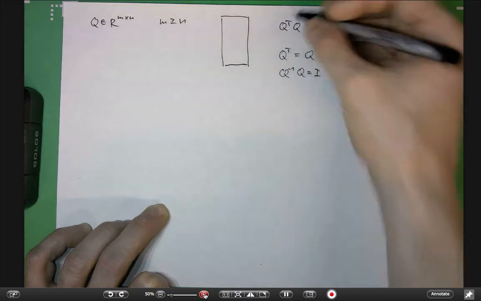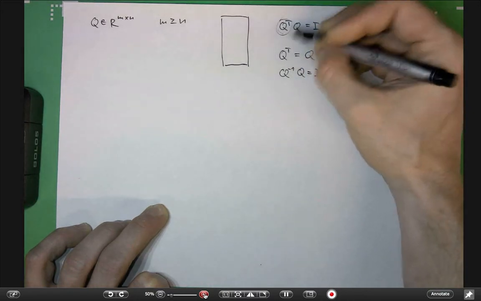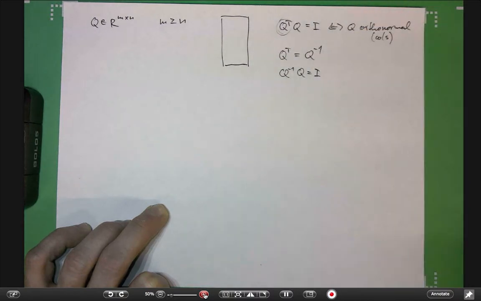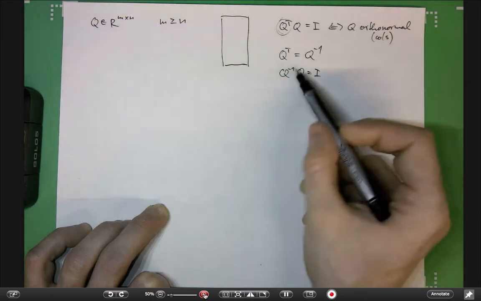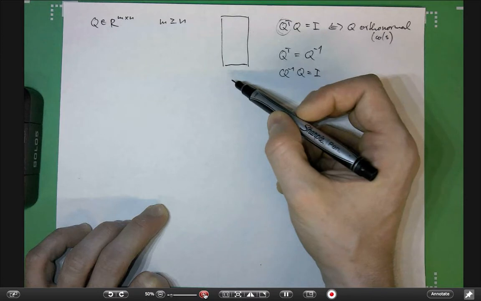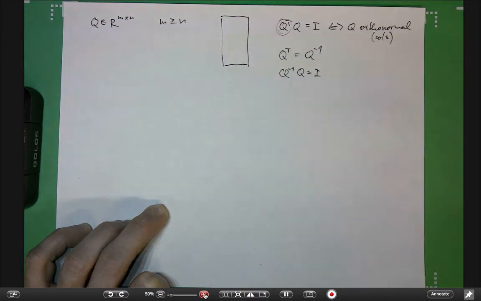And because we know that QT has this property, that means that the inverse, because it's unique, has to be exactly QT, right? So this is for square matrices, because for rectangular matrices, I don't have a defined inverse. There will be a pseudo inverse, which we might discuss even today, but it's a slightly different thing than inverse. Inverse is just inverse.